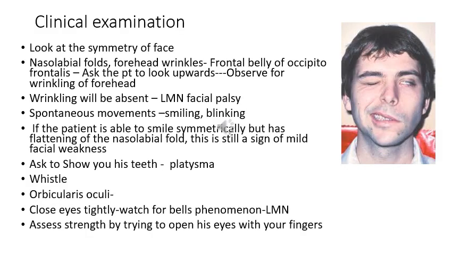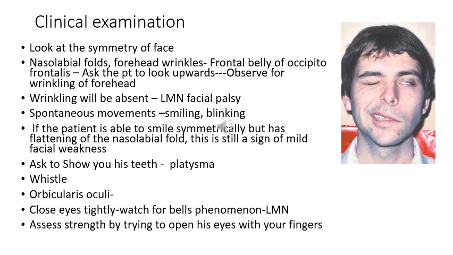And when you examine the patient clinically, you need to ask certain questions. First of all, you have to look at the symmetry of the face, whether both sides are of equal symmetry, and check the extent of asymmetry.